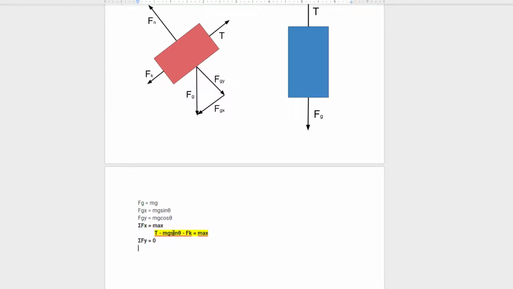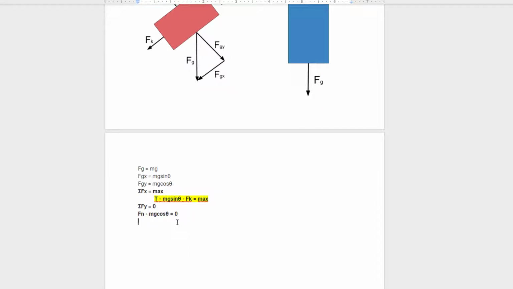So we have force normal minus mg cosine of theta from Fg y equals 0. You can throw mg cosine of theta over to this side of the problem, and you can get the force normal equals mg cosine theta.